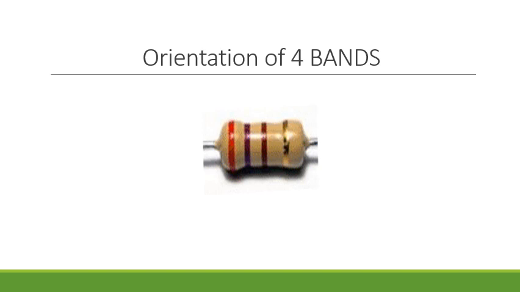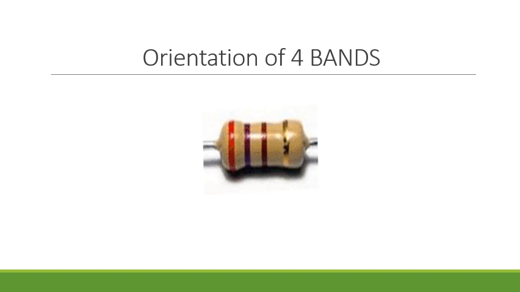You can see the gap between the first color and the second one, which is violet, is smaller than the gap between the brown color and the gold color. So it means anywhere you have more space is the last point. Okay, so now you start from the other side.